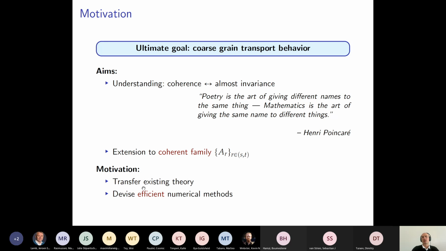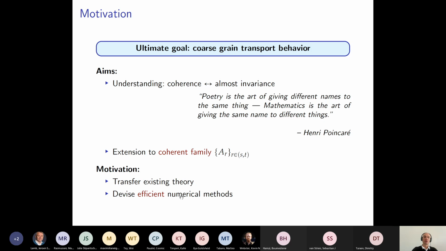Why are we so interested in this? Well, because this is what mathematics does. It tries to connect things at a higher level. We would like to be able to transfer existing theory from one end to the other. The autonomous concept is quite well understood, while the non-autonomous is just being developed.